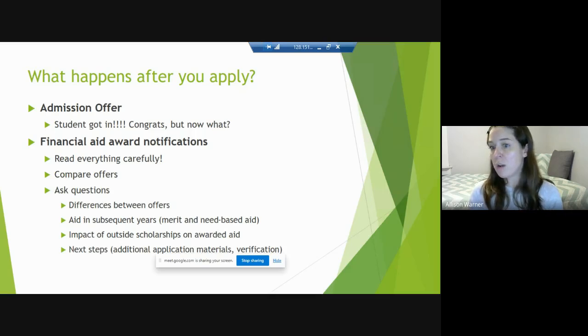So we give them a financial aid package, but the little odds and ends aren't required until the student is admitted, so that they can make a decision in a timely fashion.